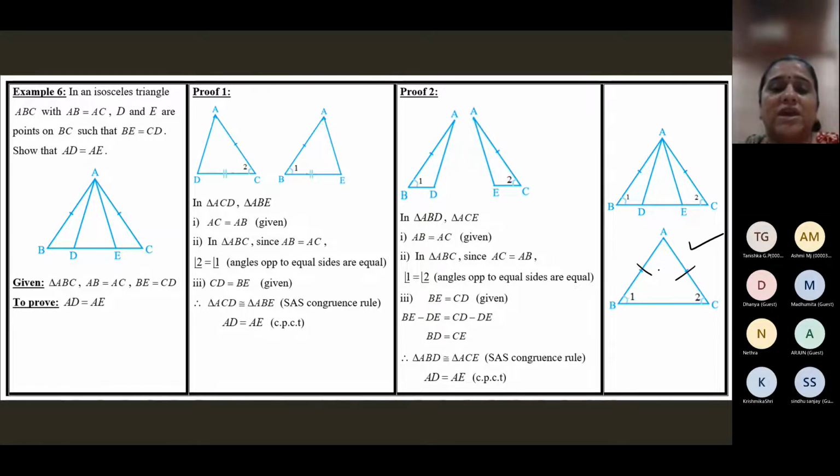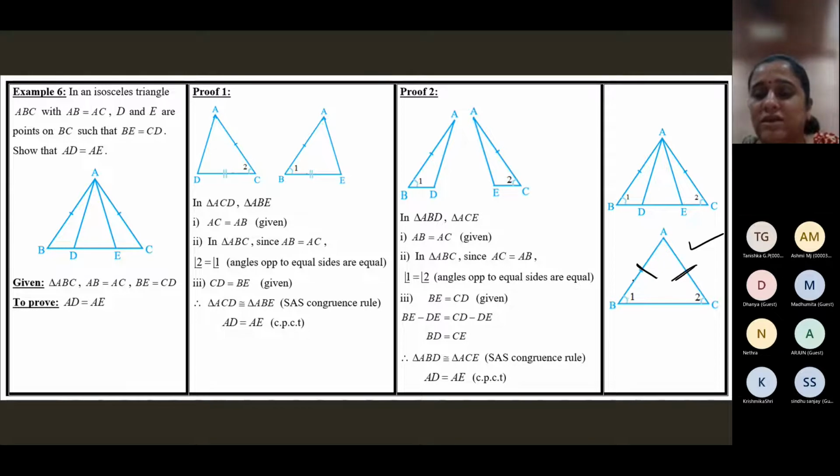And we know that in a triangle, when two sides are equal, the angles opposite to them are also equal. So it is given that this side is equal to this side.